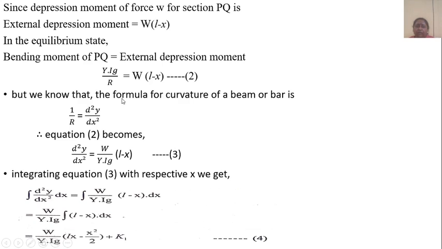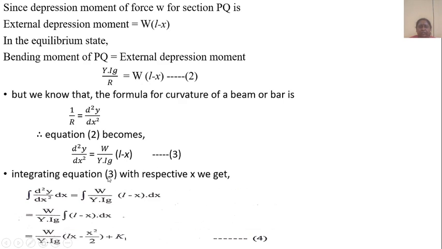We know that 1 upon R equals d2y by dx square, that is the curvature of the beam or bar, and therefore equation 2 becomes d2y by dx square equal to W upon Y into Ig into (L minus x).